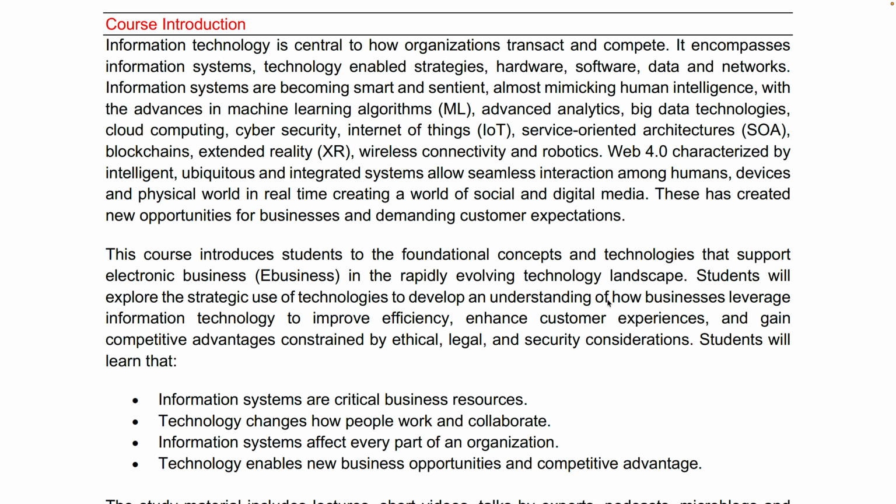Blockchains for version control and integrity of transactions, extended reality, which includes augmented reality, virtual reality, and mixed reality. So it creates interesting propositions and value. Wireless connectivity, which has enabled mobility, and robotics.